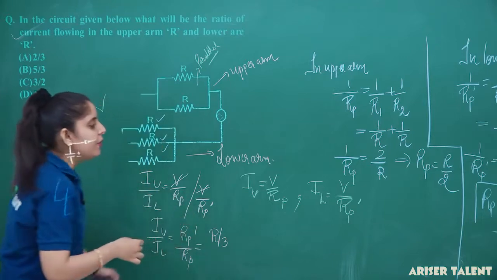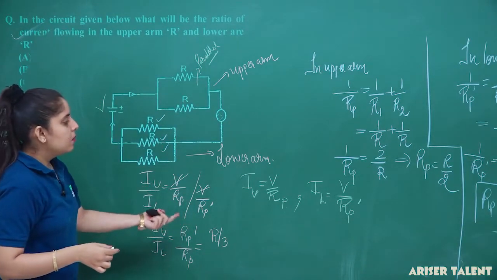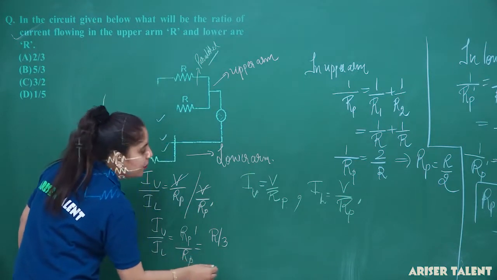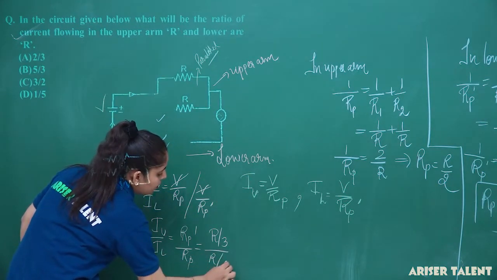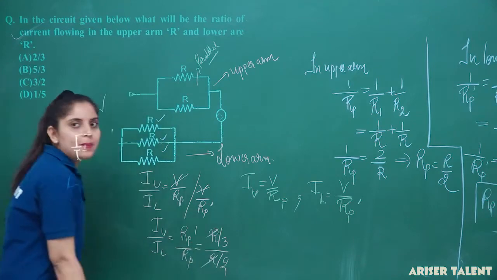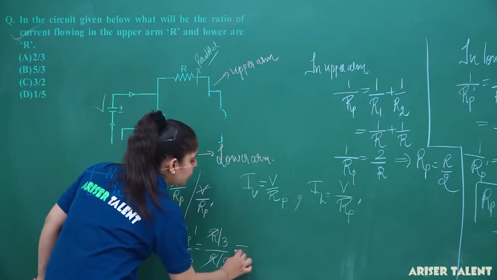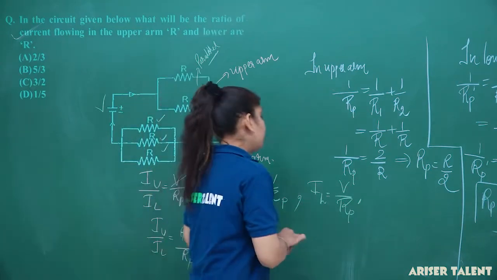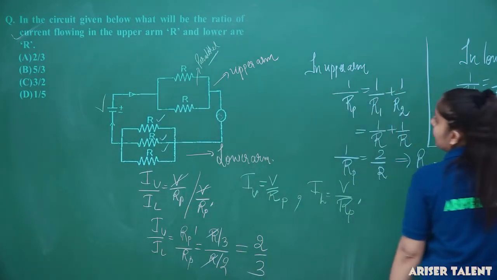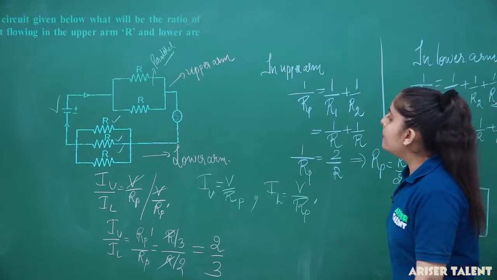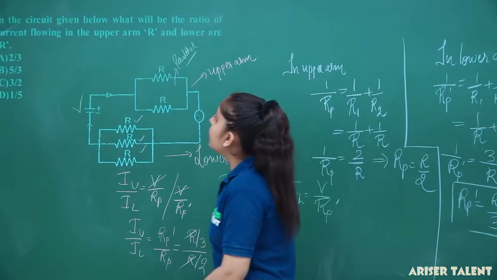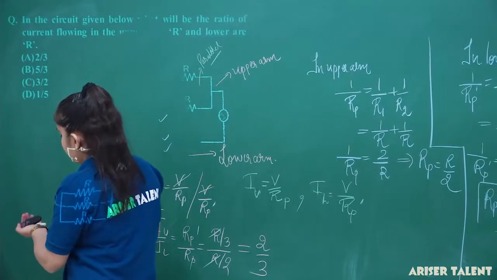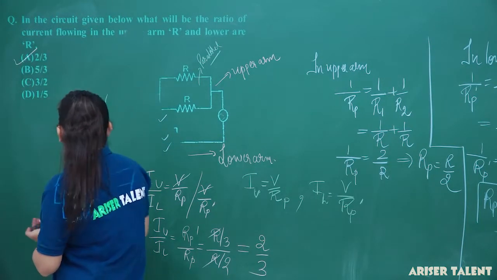And RP I am getting here is equal to R upon 2. R will be cancelled by R here, and what will be the ratio of the currents? The ratio of the current came out to be 2 by 3. So, the ratio of current flowing in both the arms will be 2 upon 3. So, I can guess here that option 1 is correct. So, we can say that the ratio is 2:3.